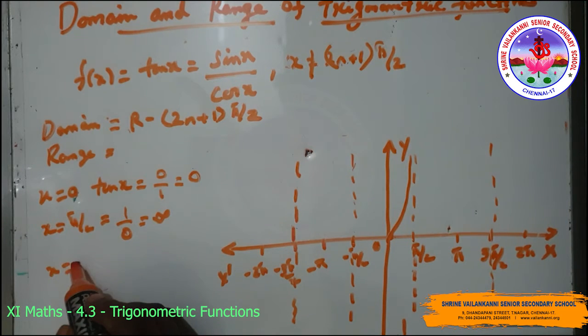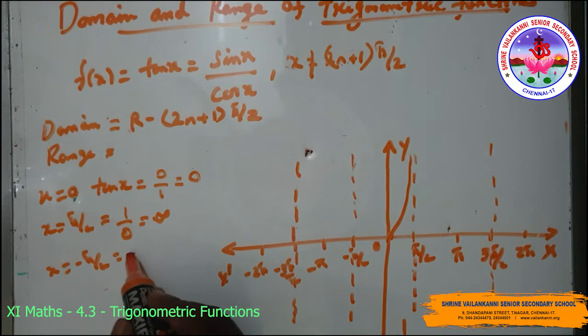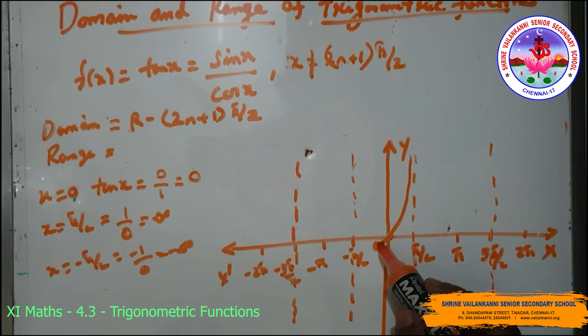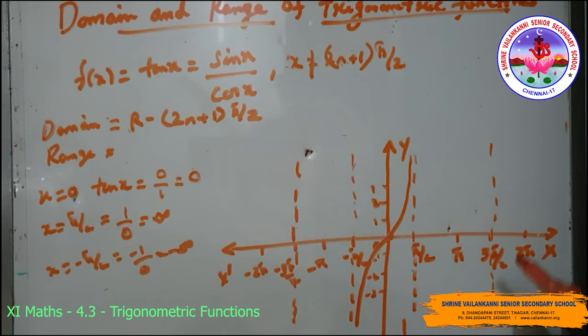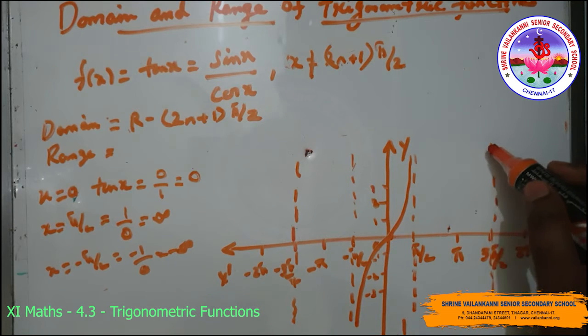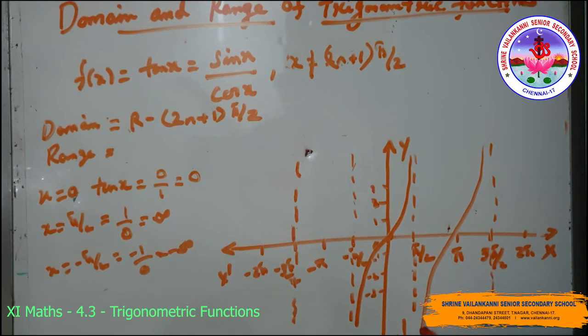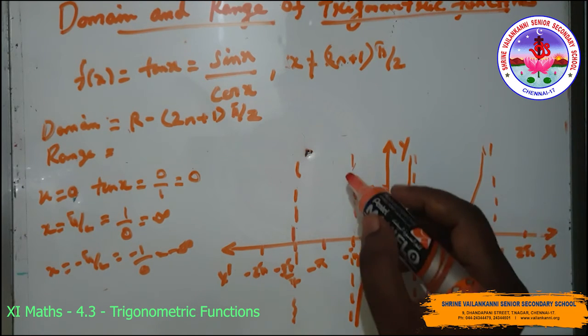When x is minus pi by 2, it is minus 1 by 0, which is minus infinity. So it goes on till minus infinity. We can continue the curve like this, and it goes on like this. Here also.